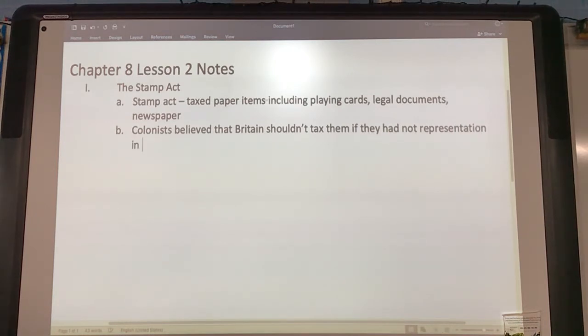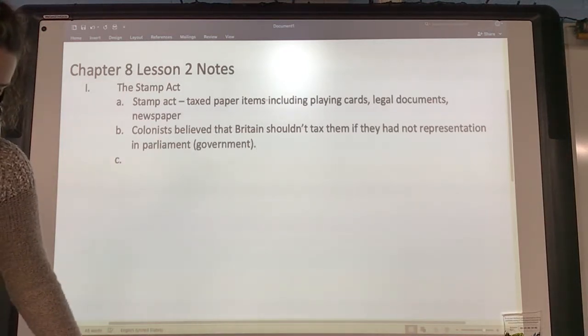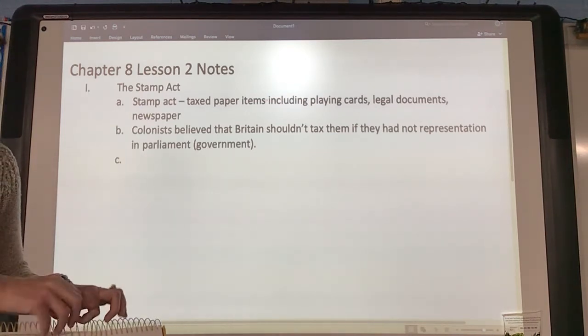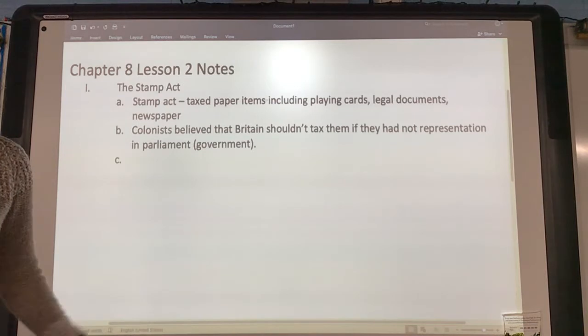Or you might say, in this case, it was Parliament, which is their form of government. Okay? So the no representation in the government was a big part of why the colonists were fighting against these taxes.